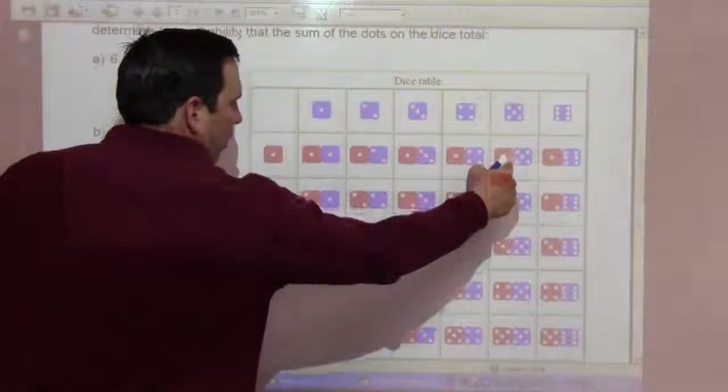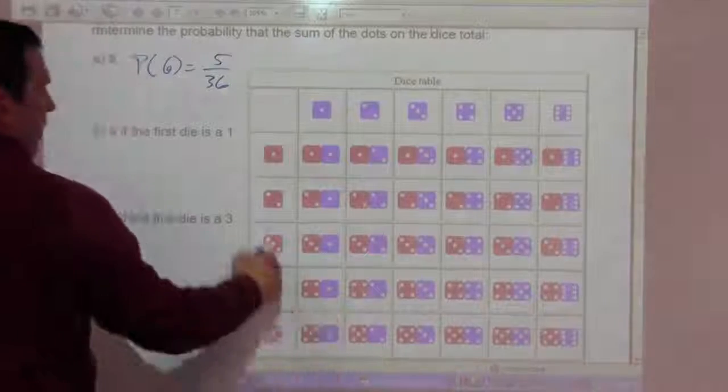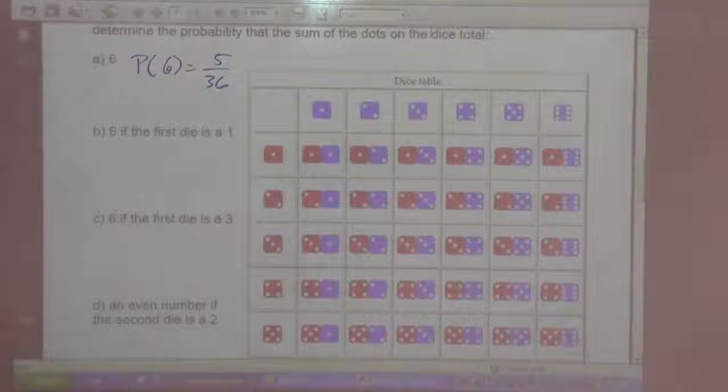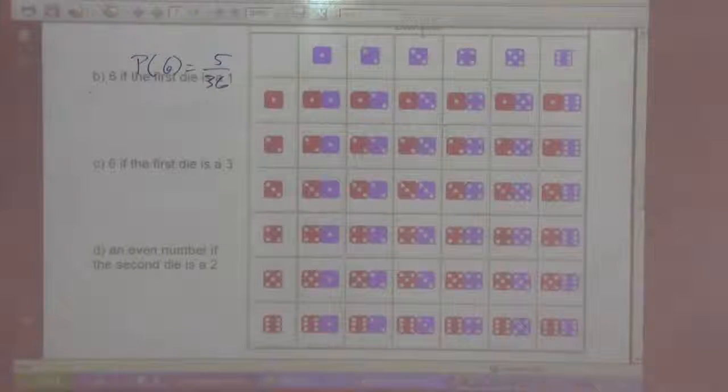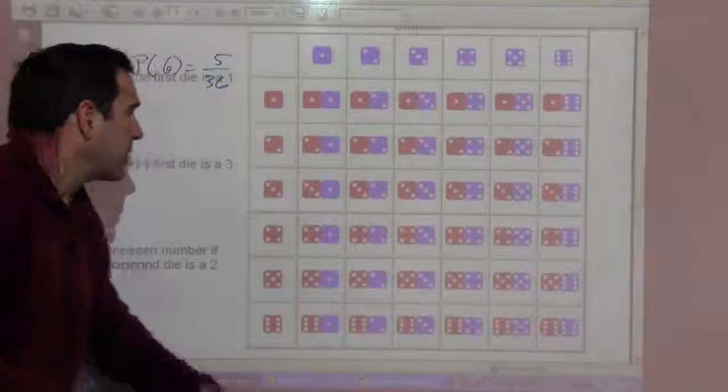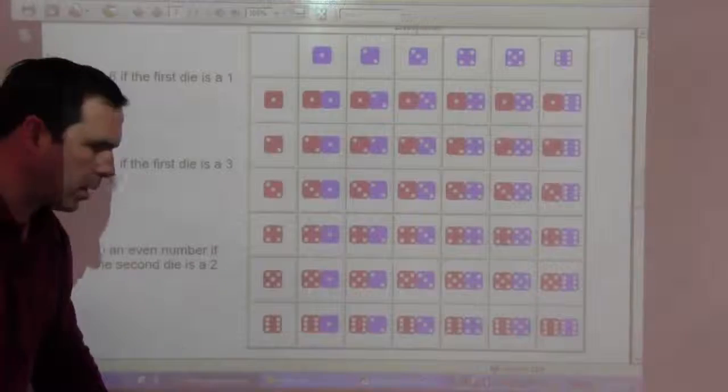That was 1, 2, 3, 4, 5. 5 out of 36. I'm going to scroll this up so I have the whole chart on the board now for the next several problems. B says, what's the probability of a 6 if the first number is a 1?